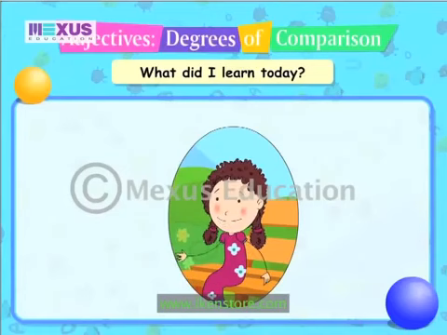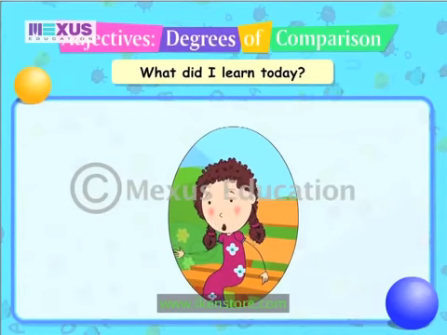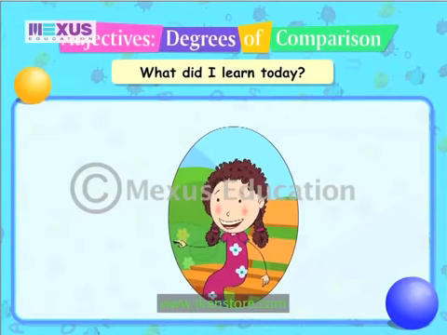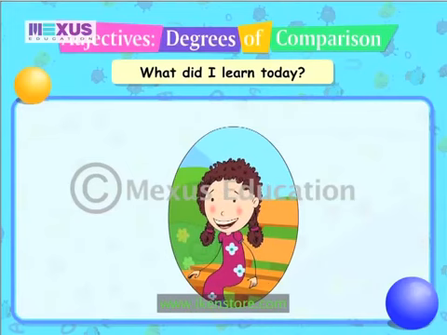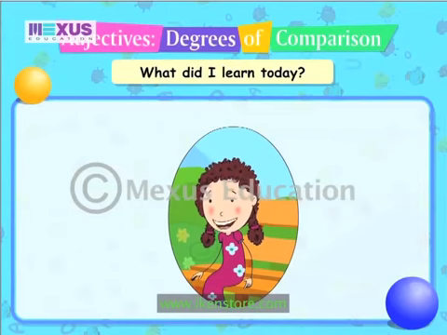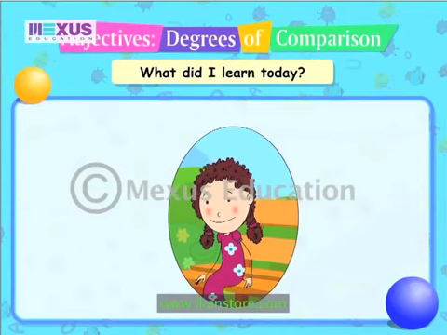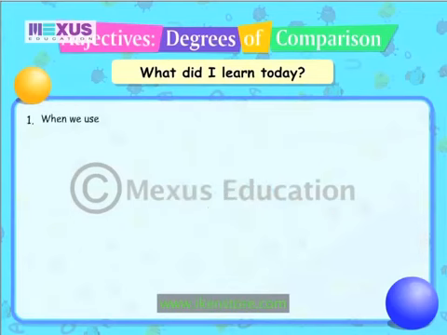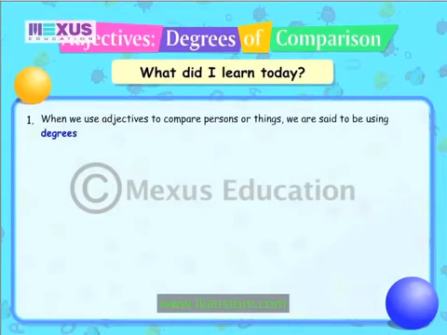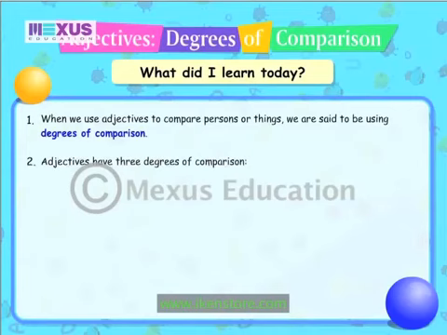Fleck and I had a great time playing and learning about the degrees of comparison of adjectives. Let's just go through some of the points we have learned in the lesson, Adjectives, Degrees of Comparison. When we use adjectives to compare persons or things, we are said to be using degrees of comparison. Adjectives have 3 degrees of comparison: positive, comparative, and superlative degree.